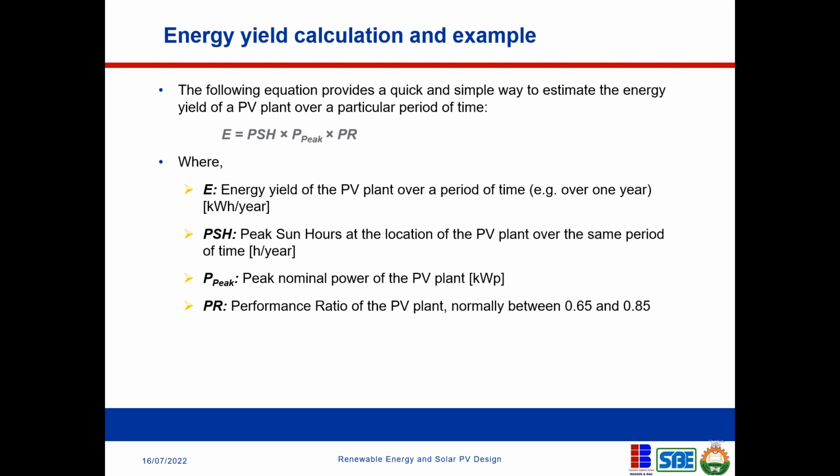Okay, so if you have 500 watts per meter square for 2 hours, then the peak sun hour will become 1 hour, because you assume that if the sun is shining at 1,000 watts per meter square, you will get the same amount of energy that you get if it's shining at 500 watts per meter square for 2 hours.